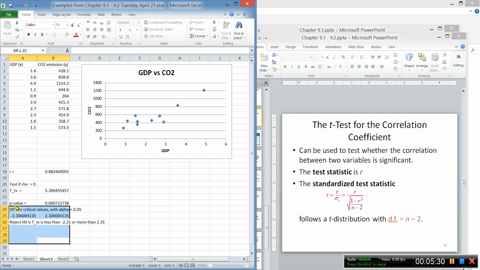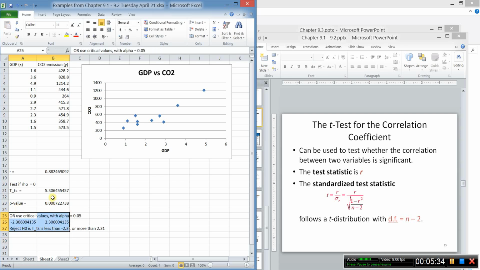Since our observed value is more than 2.31, you would then make the decision to reject the null hypothesis and conclude that there's evidence that the population correlation coefficient is not equal to 0.